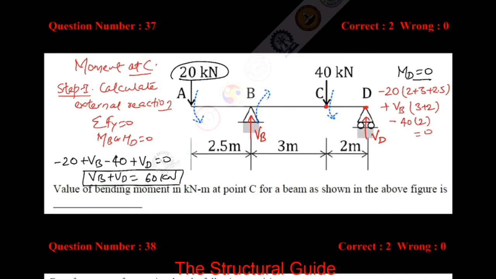So VB equals 46 kilonewton, and VD equals 60 minus 46, that is 14 kilonewton.